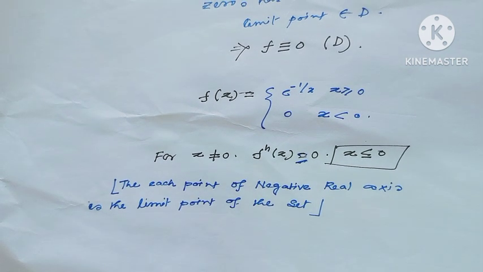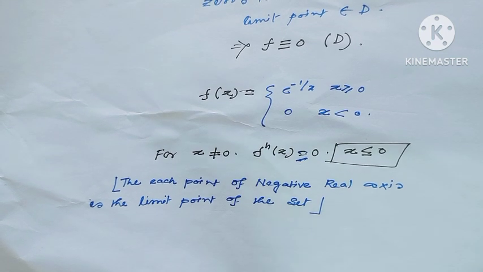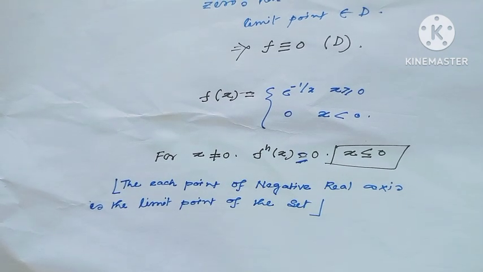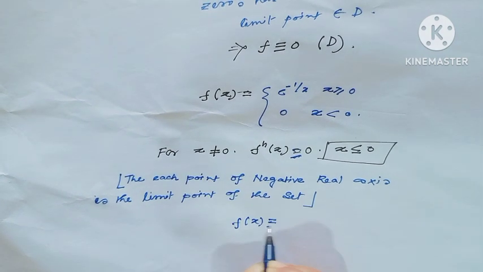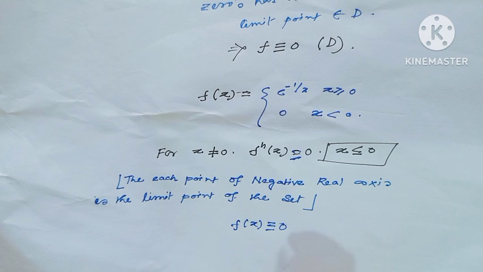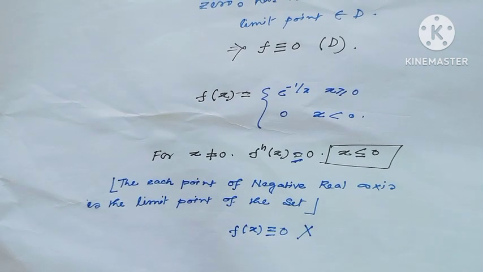Then, by uniqueness theorem, we can tell the function f(x) is identically 0. But this is not true. Why?